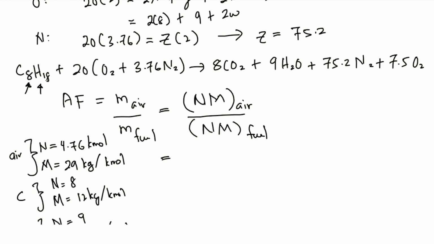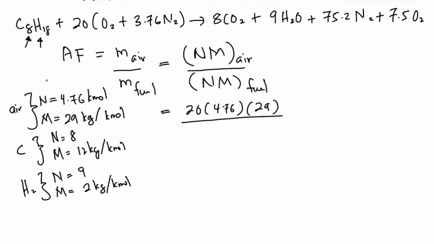So next you calculate the air. The mass air into the system is actually 20 multiplied with the number of N, which is 4.76, and then we have the molar mass, it's actually 29. Right. So now we divide by the fuel. We have carbon, and then we have hydrogen.